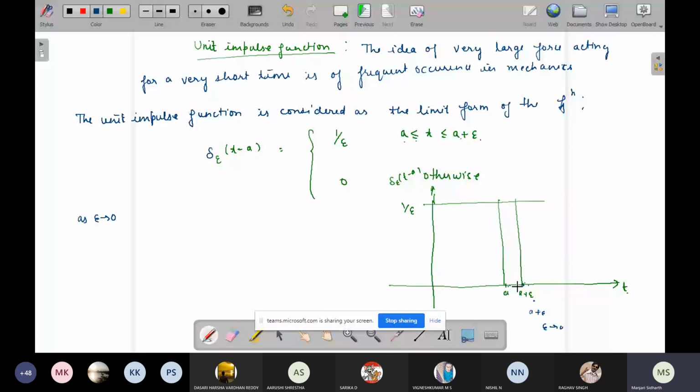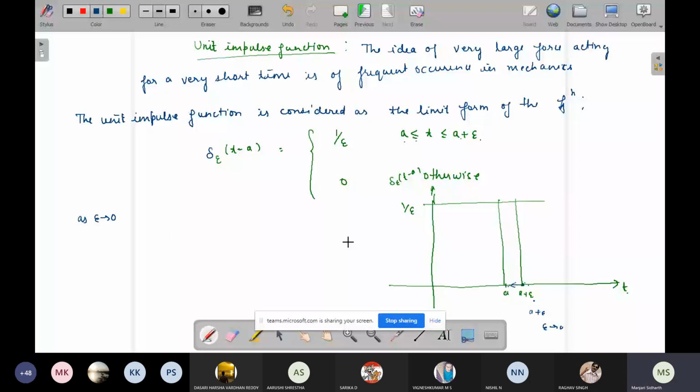So when epsilon tends to 0, the height 1 by epsilon will tend to infinity, right? So as epsilon tends to 0, it is clear that the height of the strip increases indefinitely and the width decreases.